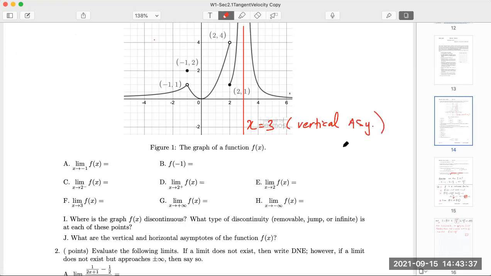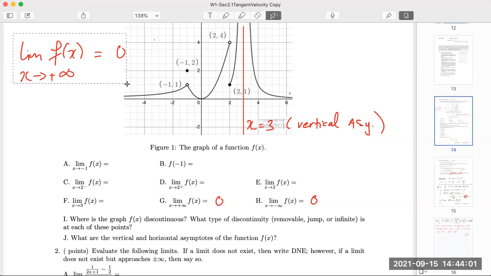And the horizontal asymptote is found when we compute the limit of the function as x approaches positive infinity, and in this case it approaches 0. And for negative infinity, the two horizontal asymptotes are just the same one.